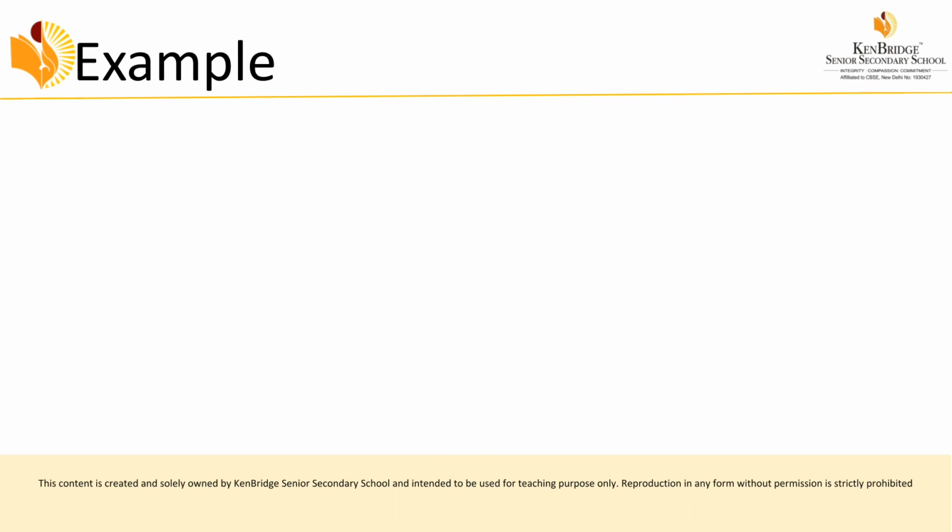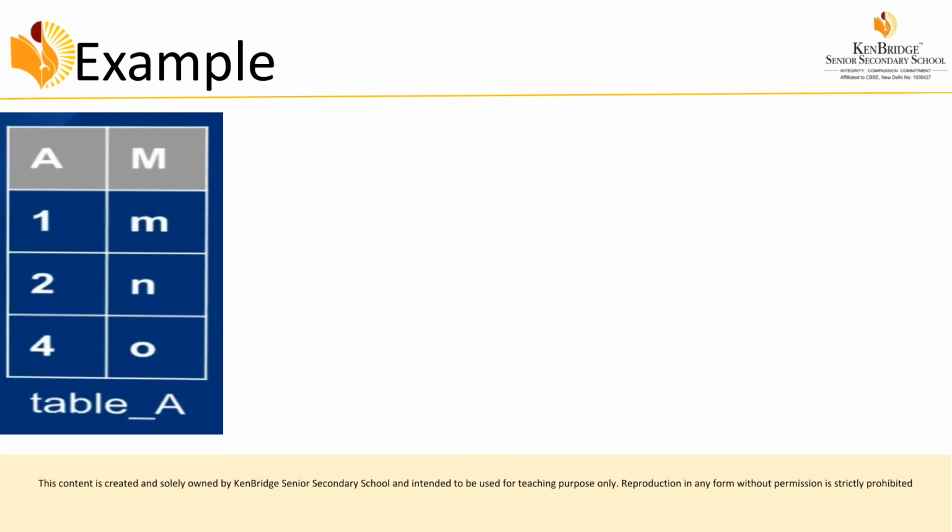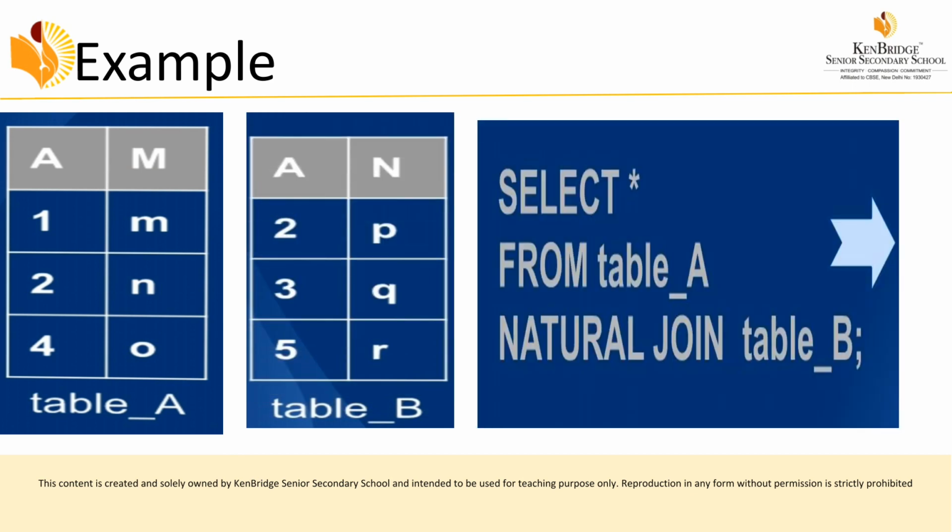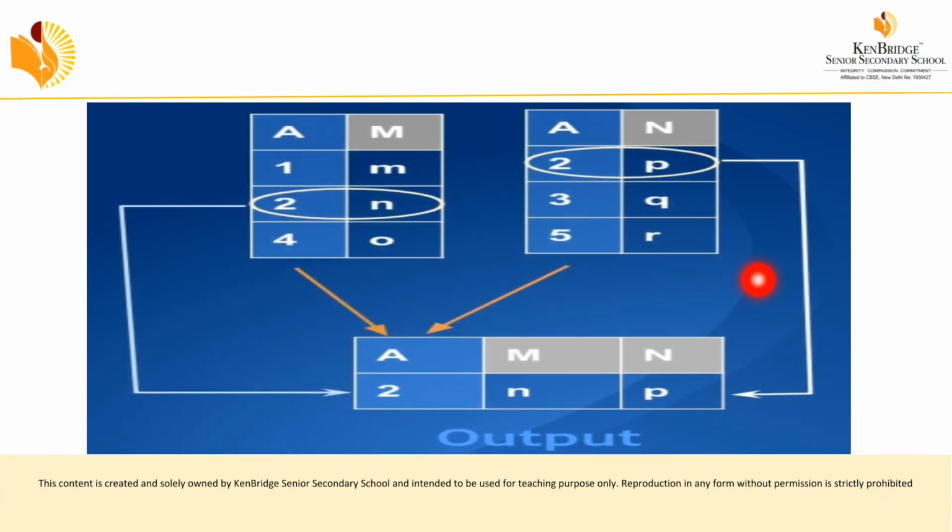So here is an example for natural join. So this is table A and this is table B. Now we are going to perform this query, that is select star from table A natural join table B, okay? Now the resultant table will be this is table A and this is table B, okay?